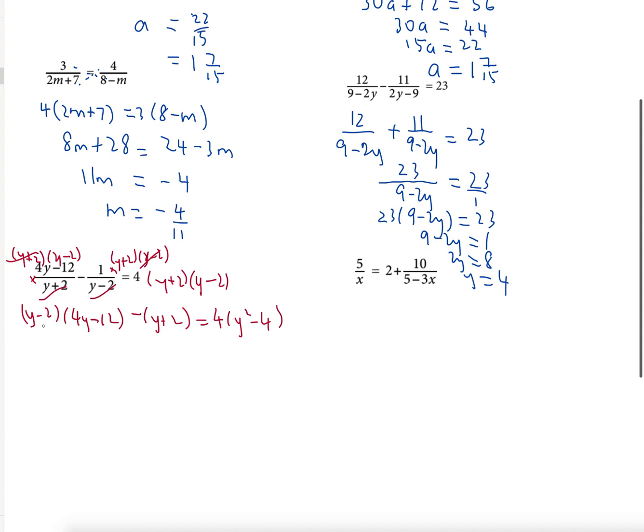Right, so this one multiplied out will give us 4y squared minus 8y minus 12y is minus 20y plus 24, minus y minus 2 equals 4y squared minus 16.